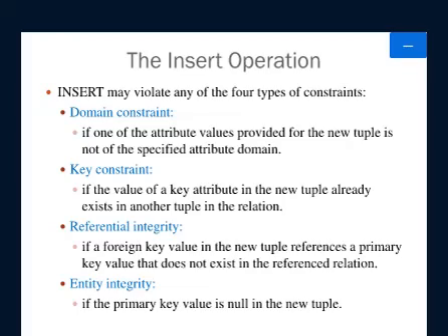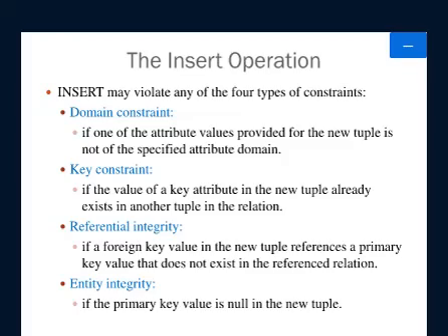When I wrongly enter a value not according to the data type, that is a domain constraint violation. I have defined the data type, but I am trying to enter a value which is not of the same data type. When I enter duplicate values into an attribute defined as a key attribute, it is a key constraint violation.